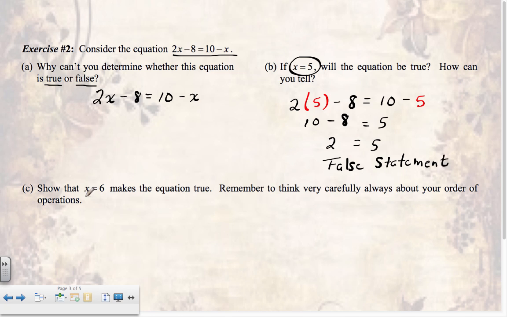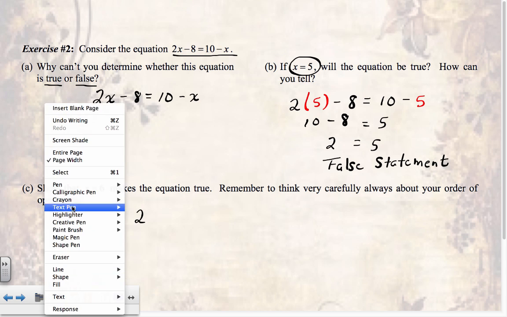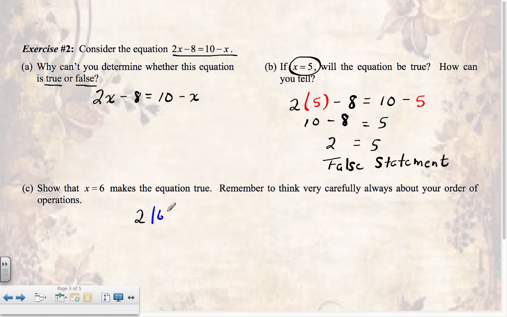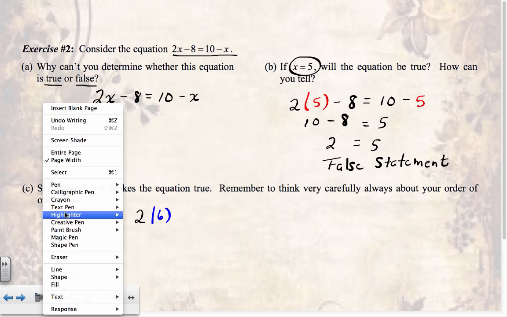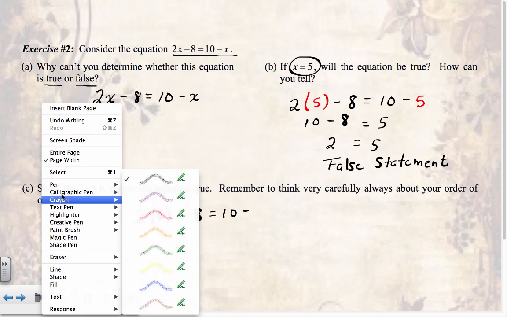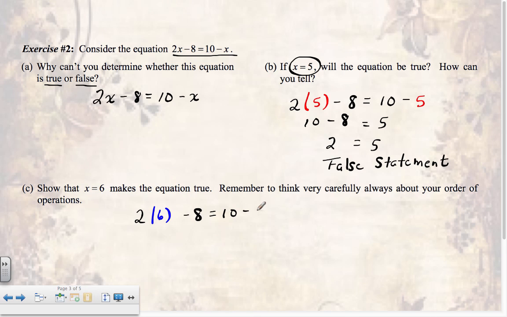How about 6? Let's put 6 into this and see if it works. 2. I'm going to change my pen so you can see that I'm making a substitution for x. Minus 8 equals 10 minus 6.